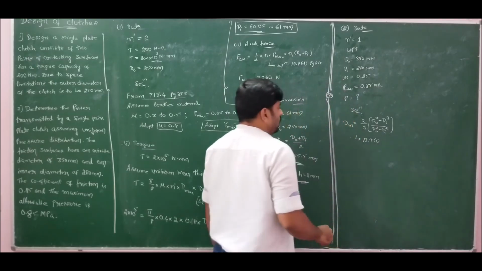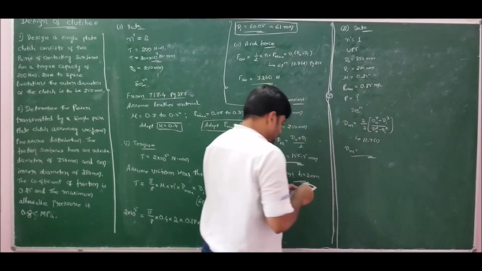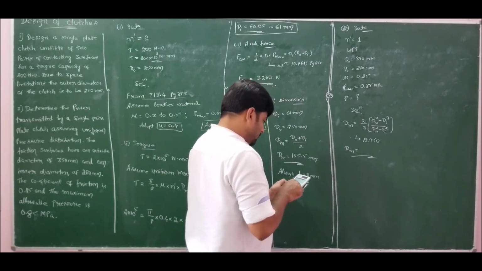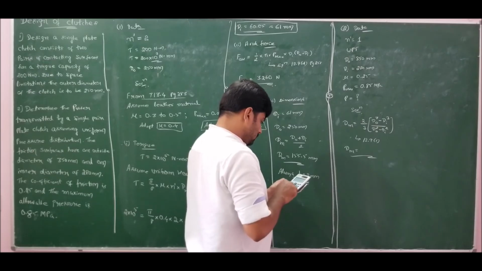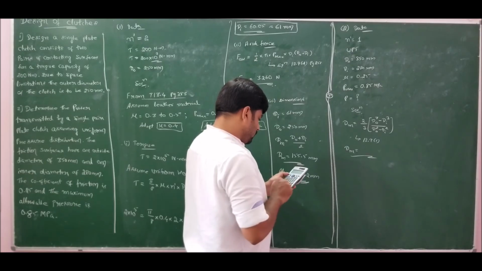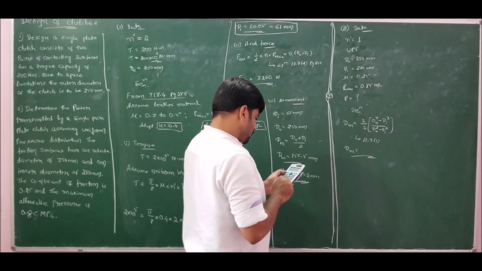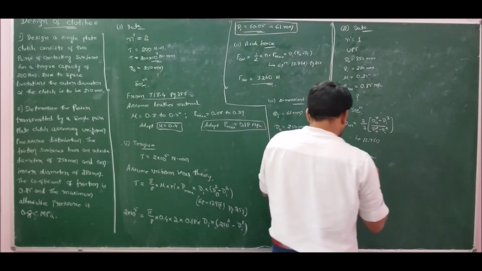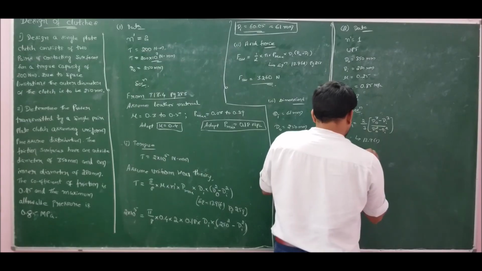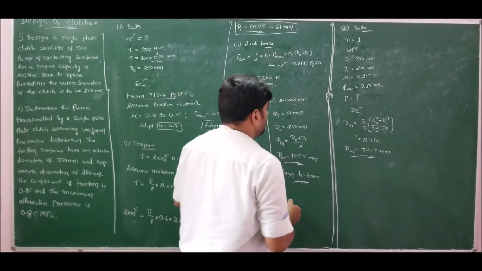If I substitute and solve, I will get the mean diameter as 2 by 3 times 350 cube minus 280 cube divided by 350 square minus 280 square. So mean diameter is turning out to be 316.3 millimeters.